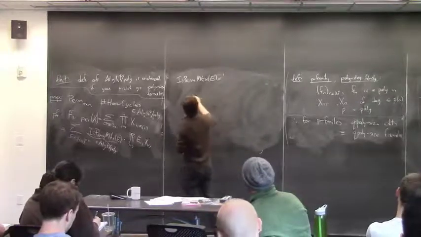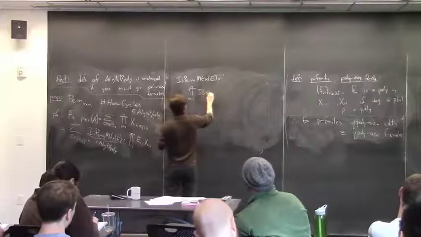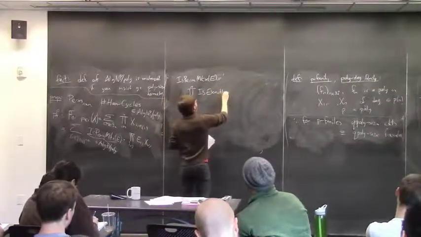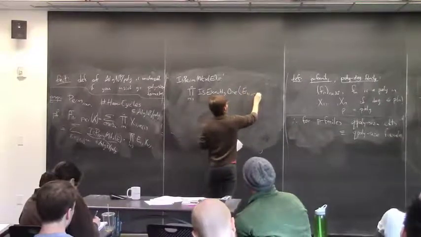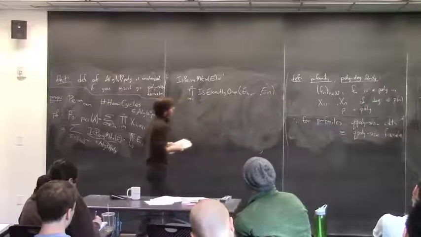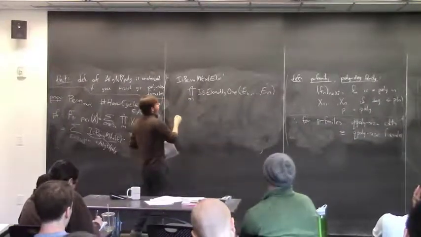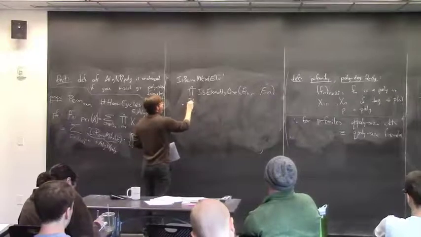All right, I'm going to say that this is the product, i goes from 1 to n, of something called is-exactly-1 of E_i1 through E_in. That expresses that there's exactly one 1 in the ith row, but I also need it in the columns too.